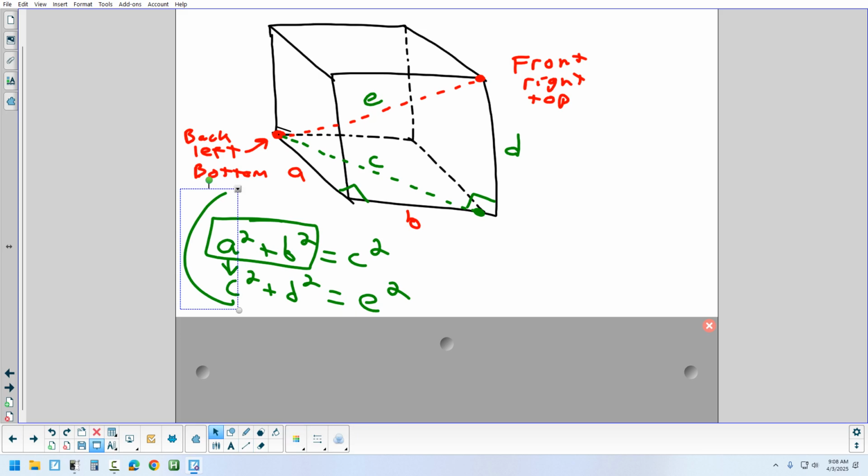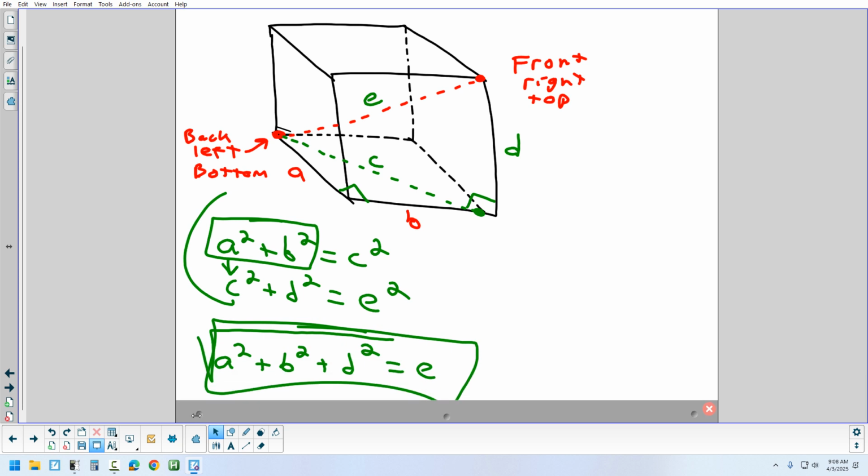If you take what C squared equals and fill that in right there, you will have the formula A squared plus B squared plus D squared equals E squared. And then if you take the square root on each side, you'll get rid of the exponent of 2 on the E, and you'll have the square root of A squared plus B squared plus D squared. So that is the distance formula in 3D.